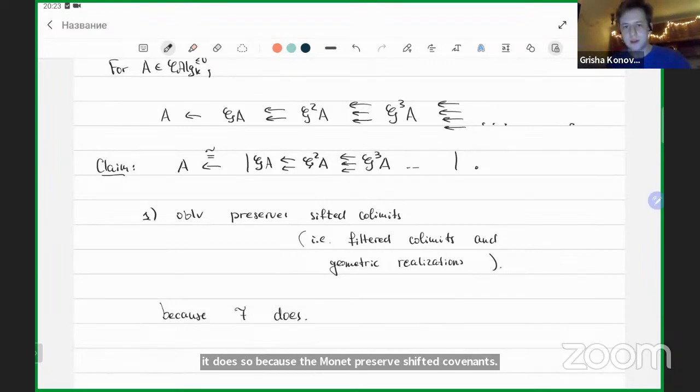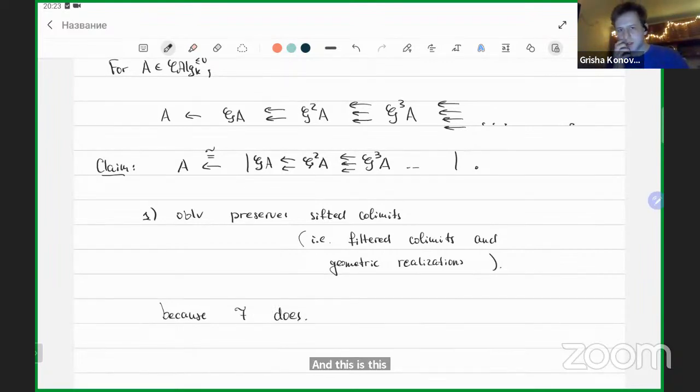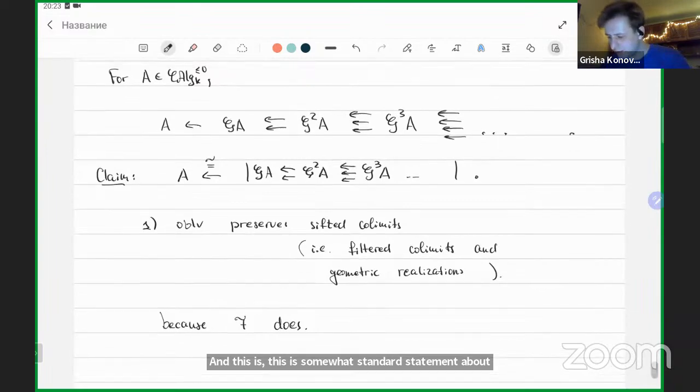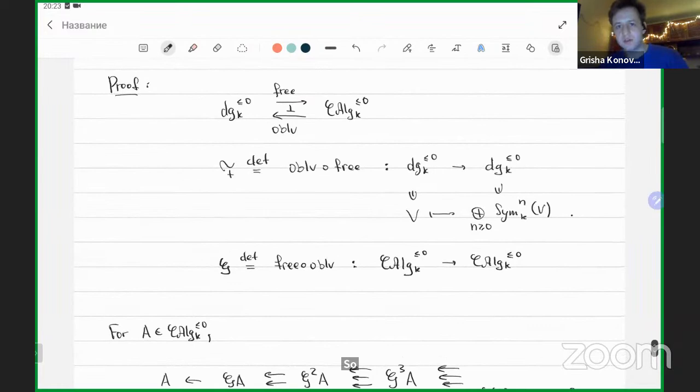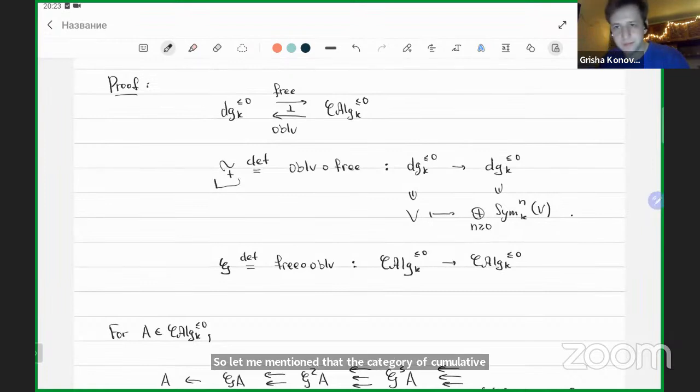This is a somewhat standard statement about algebras over a monad. The category of commutative algebras is the category of algebras over the monad F, more or less by definition.